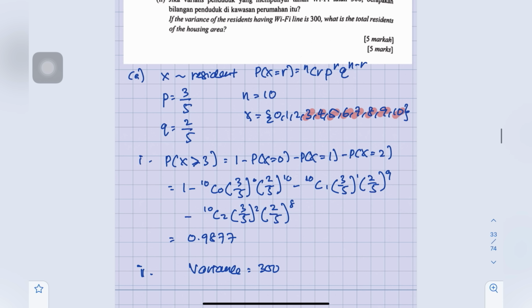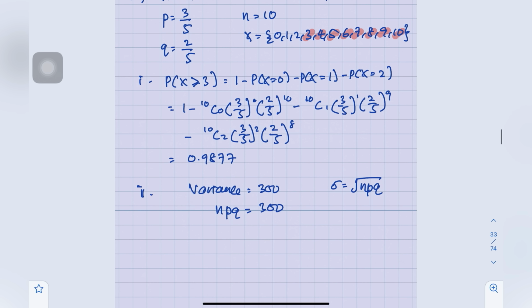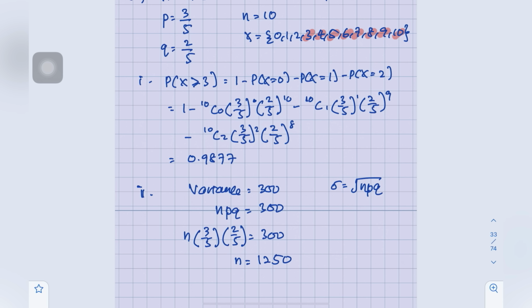So variance is npq, so npq equals 300. We are going to find the number of residents, so n is unknown. p is 3/5, q is 2/5, equals 300. Then you can find the number of residents, which equals 1250.